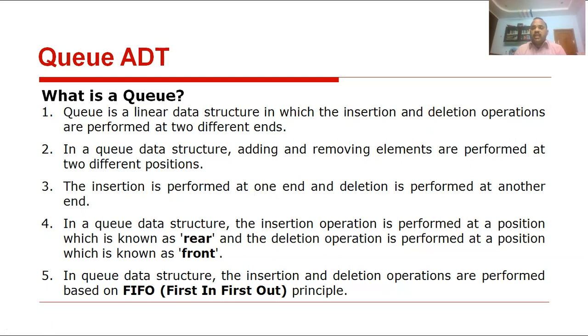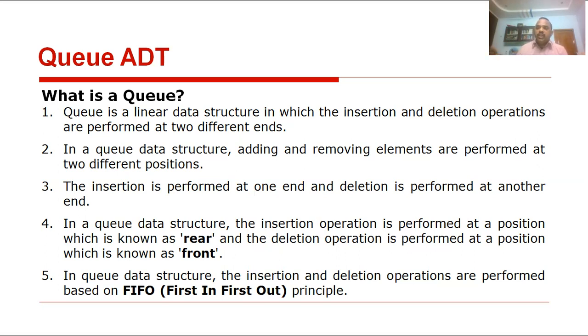In a queue data structure, the insertion operation is performed at a position known as the rear end, last. So first I came, next you came, next your friend came, and so on, and the line goes to the last, at the end of the array. Then I am the first person, I am in front.